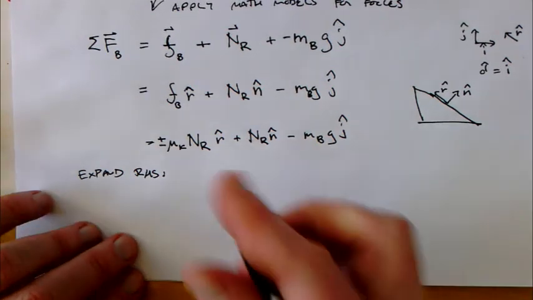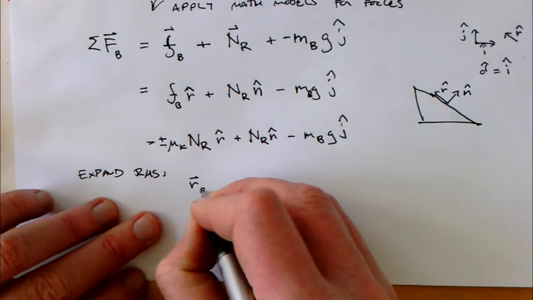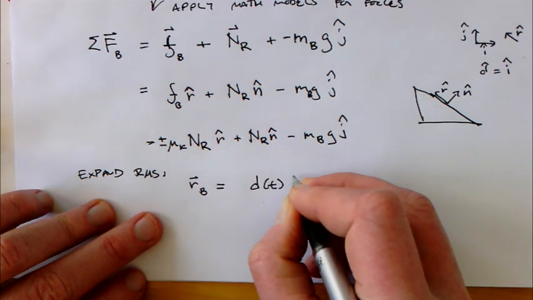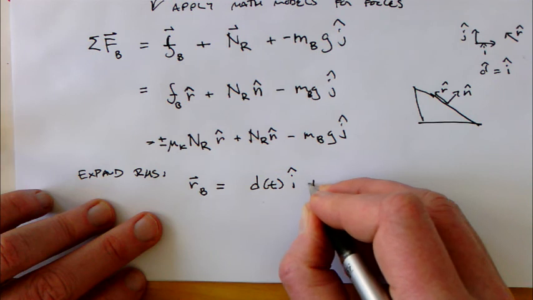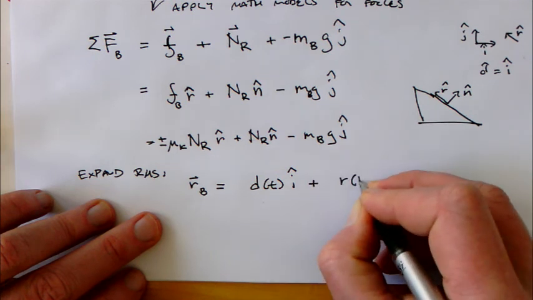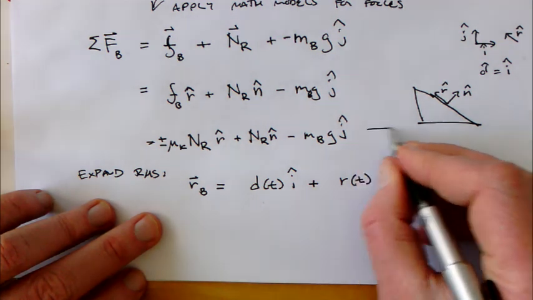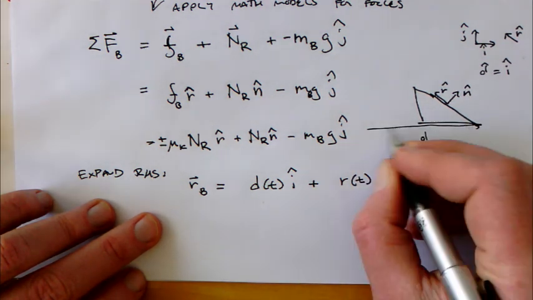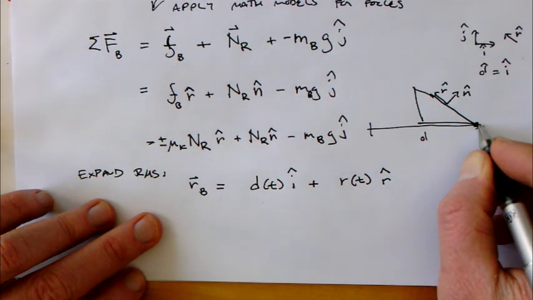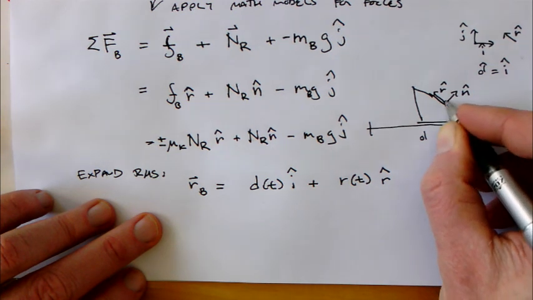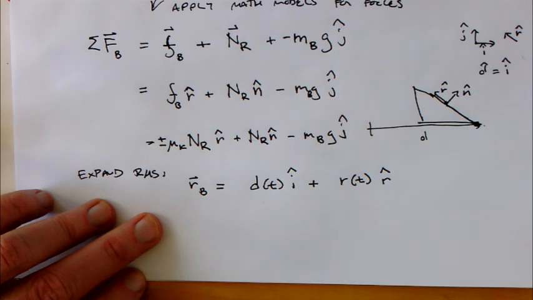So if I'm expanding the right-hand side, the position of the block is, I'll say, d of t times i hat plus r of t times r hat, where d is this distance from the origin. It's how far do I have to go to get to here, and then r is the distance from the tip of the block up to wherever the block is located. Right?